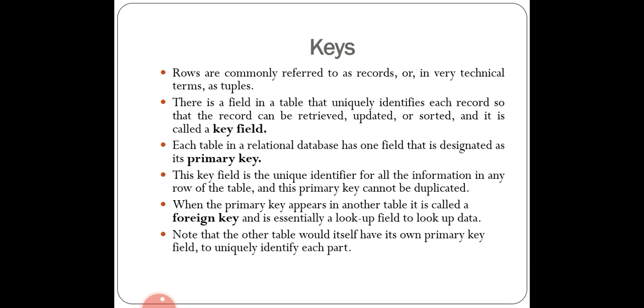So speaking of a key field, it is a field in a table that uniquely identifies each and every record in that row. That means if you select a column to be called a key, then there is no way data in that column would duplicate.